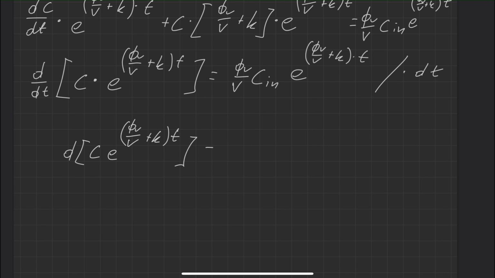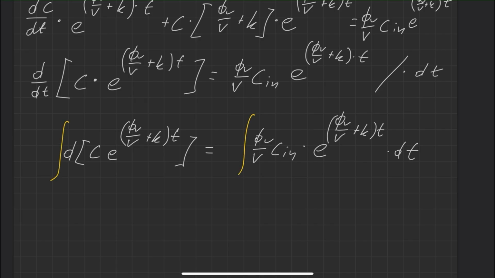Okay, and on the other hand side, we have volumetric flow rate by volume times the inlet concentration times our actual function, so times this, and with a differential with respect to time. Now let's take the integral of both sides. One side, other side. And please do note that this is just a constant, so we can easily take it in front of the whole integral.